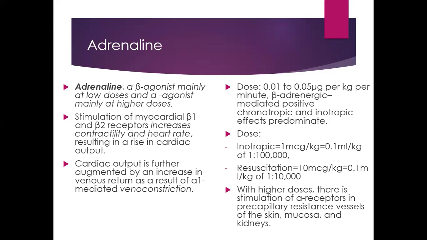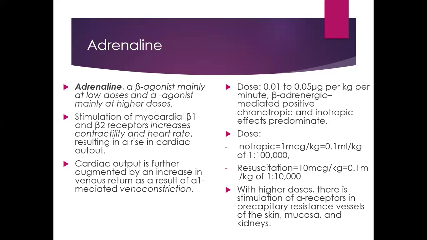Adrenaline is indicated in different clinical scenarios, and we need to understand the dilution. Your 1 in 1,000 adrenaline will give you 1 milligram per mL. If you're having 1 in 10,000, that'll give you 0.1, and 1 in 100,000 will give you 0.01 milligram per mL.